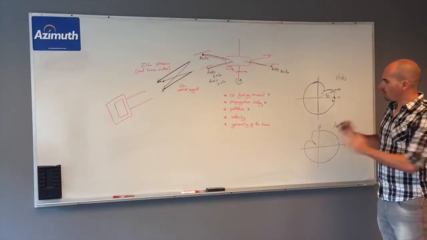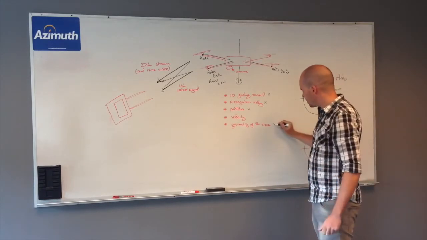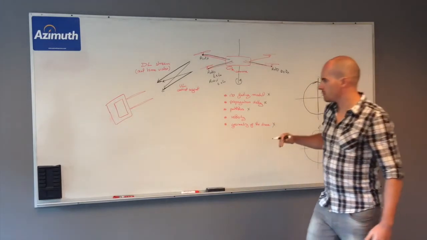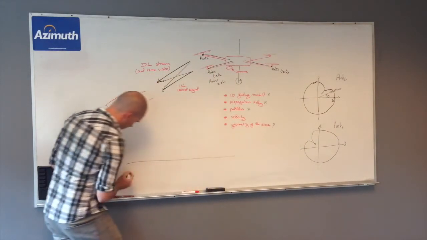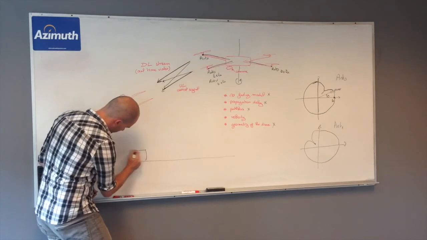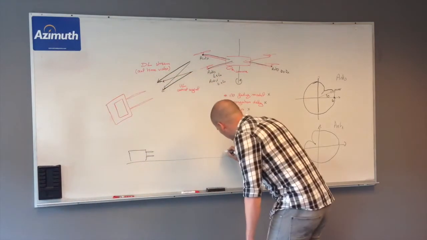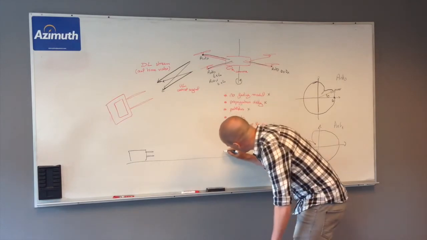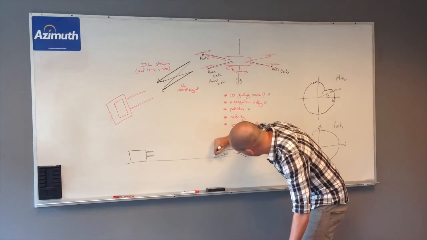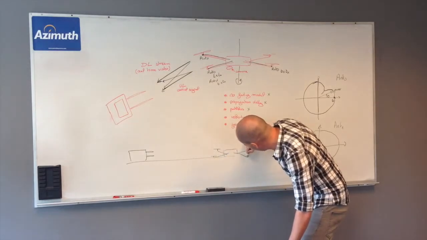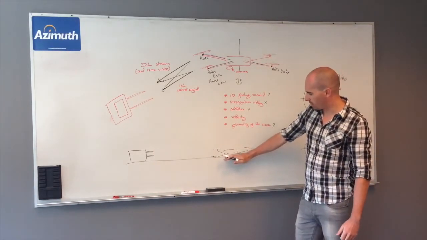Another thing that we can test when we talk about the geometry of the drone is the tilt angle. Imagine you have the horizontal plane with your remote controller on it, and now you have your drone. First position, your drone is on the horizontal plane.